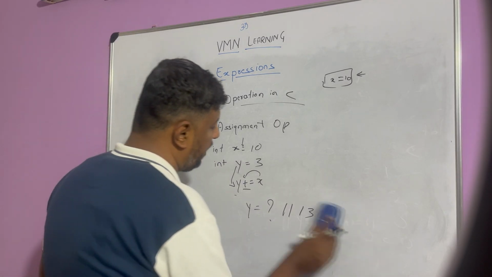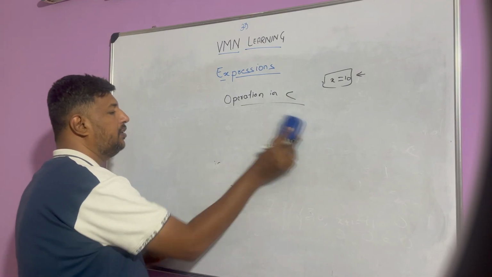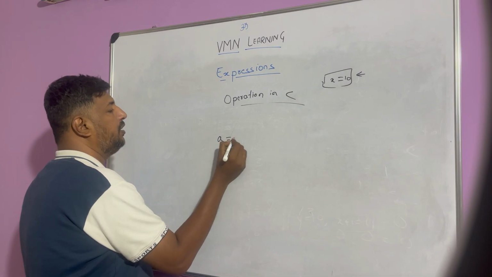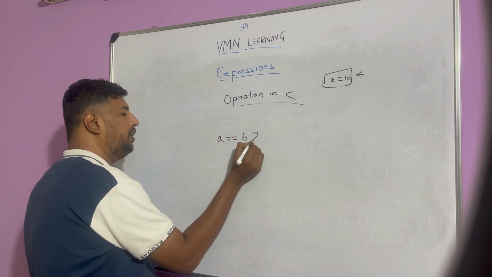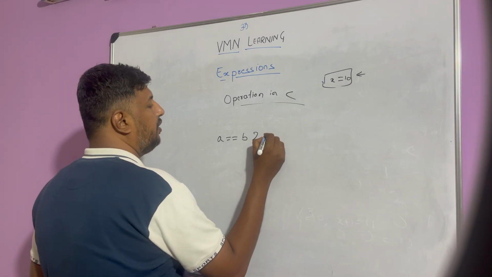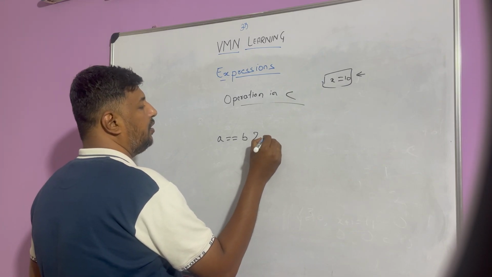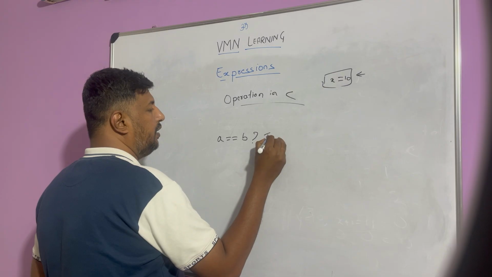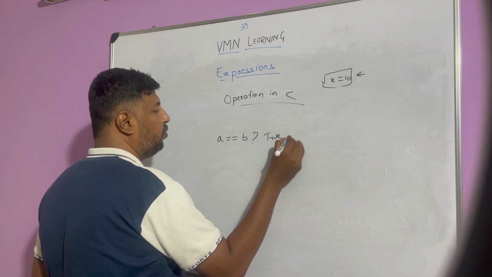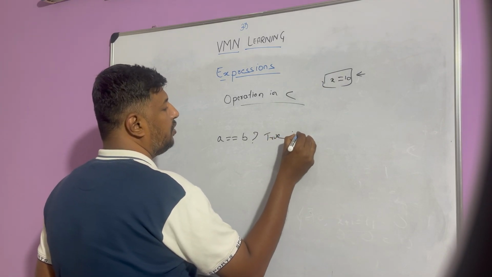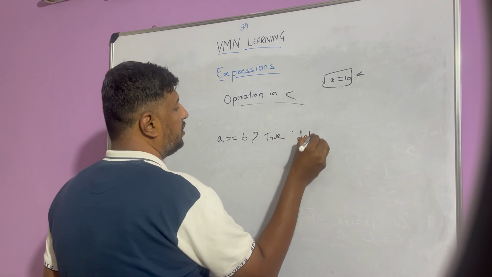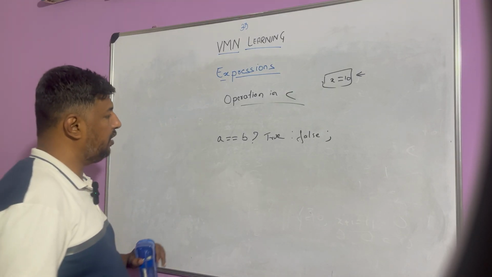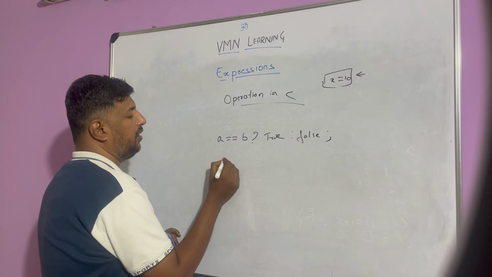Now we have one more, the conditional operator. If A is equal to B, then true, else false. Okay. Now consider a simple example.